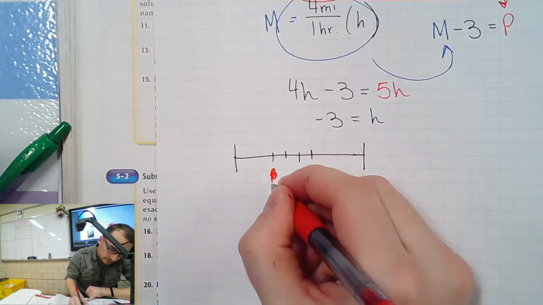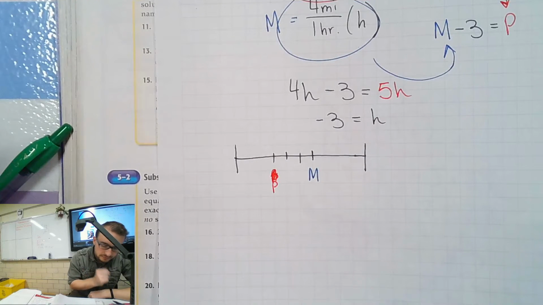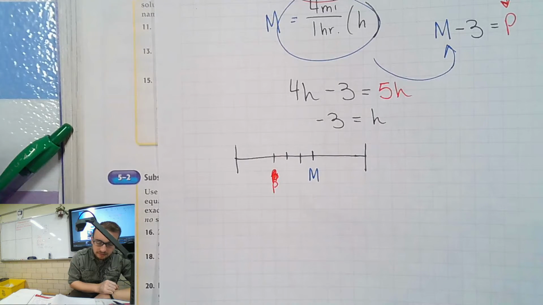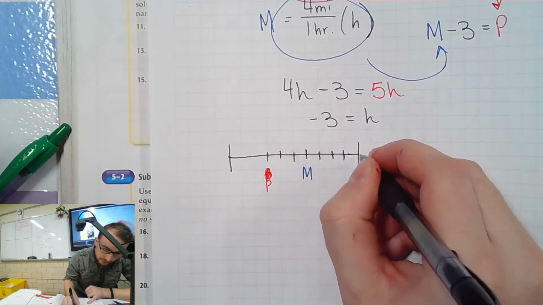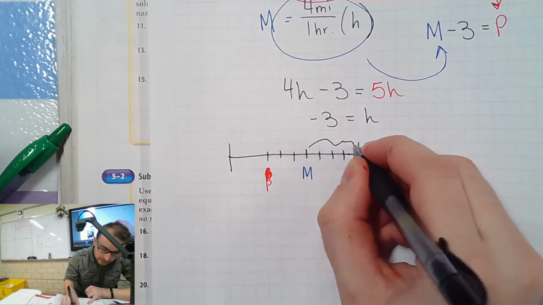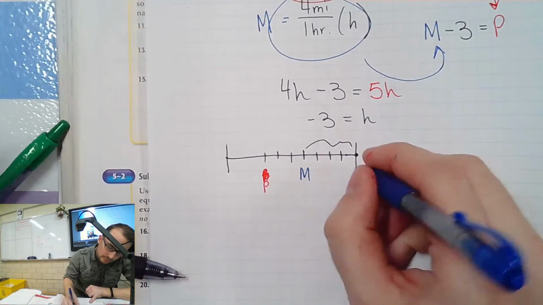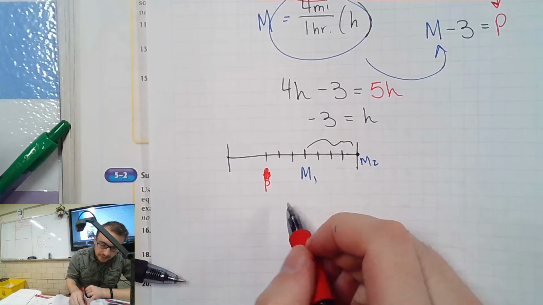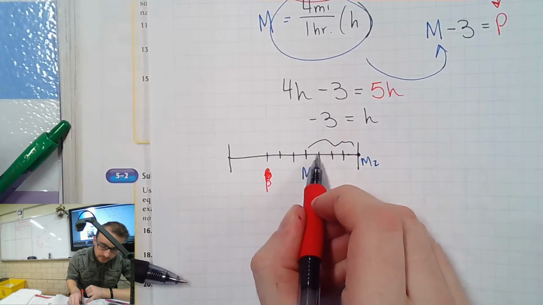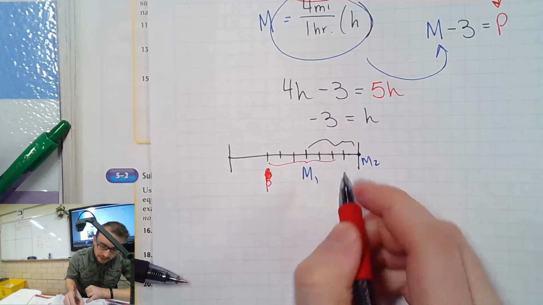If Mark goes ahead at 4 miles per hour, then he's going to be here now. 1, 2, 3, 4. That's after 1 hour. If Pablo goes ahead at 5 miles per hour, 1, 2, 3, 4, 5, he'll be here.